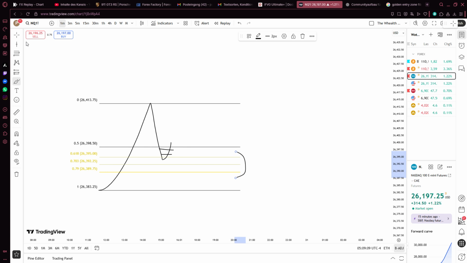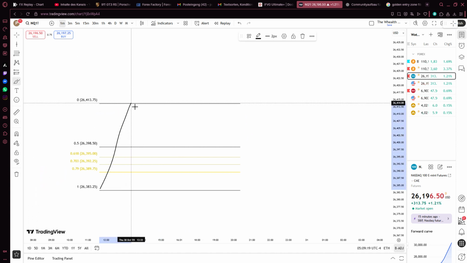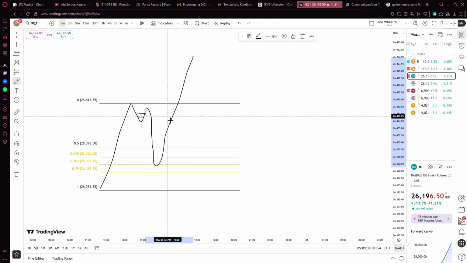If you see it happening all the way up here, like high, bam, see it happening here, most of the time it would just make this and then go higher.